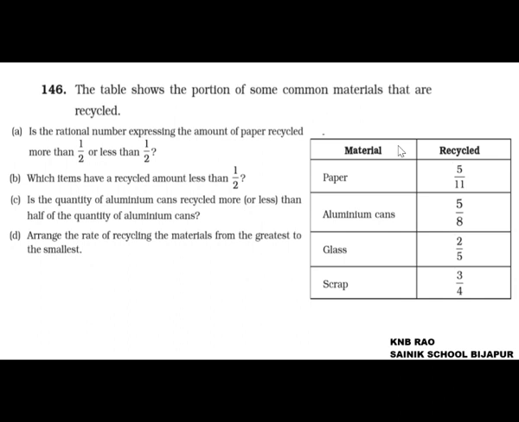146th question. The table shows the portion of some common materials that are recycled. Here materials are paper, aluminum cans, glass, scrap, and we have got some fractions representing the quantity of material recycled.